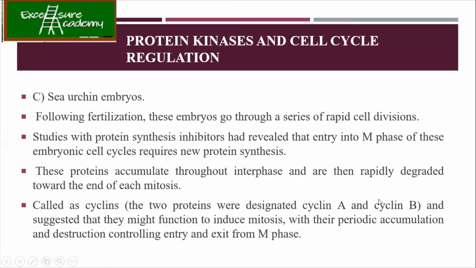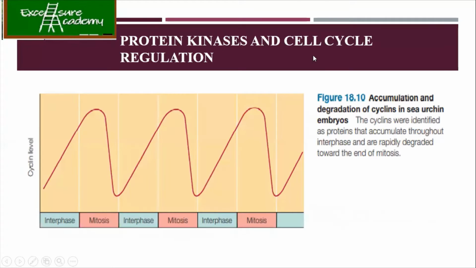Okay, so what does it mean? Let's see over here in this figure. Since we said it is for mitosis, we are going to check the level of the cyclin. What do we see here? As interphase is increasing, you can see that the concentration of cyclin is also increasing.